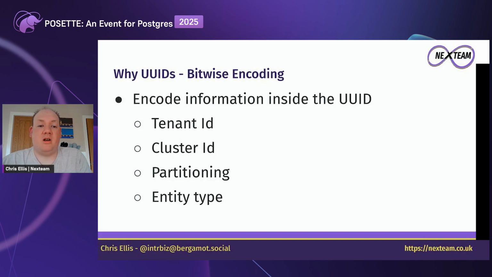Or for example, we might put a cluster ID in there for certain distributed systems. Or we could get smart and use some form of partitioning information inside that data type, maybe for certain IoT or monitoring type platforms and systems. And then another one I quite like doing is the ability to know that this ID is this type of record.